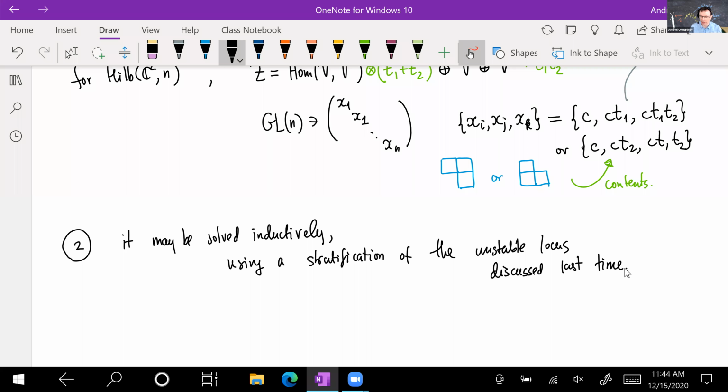Again, abelian stable envelope is some way to extend the homology class, it's an interpolation problem, and we solved it by some induction on the strata. Similarly, there is a slightly more complicated inductive stratification for the unstable locus, which we need to extend this across the unstable locus. And this we discussed last time. This is the stratification which generalizes what we've seen in the abelian cases, attracting manifolds and so on and so forth.